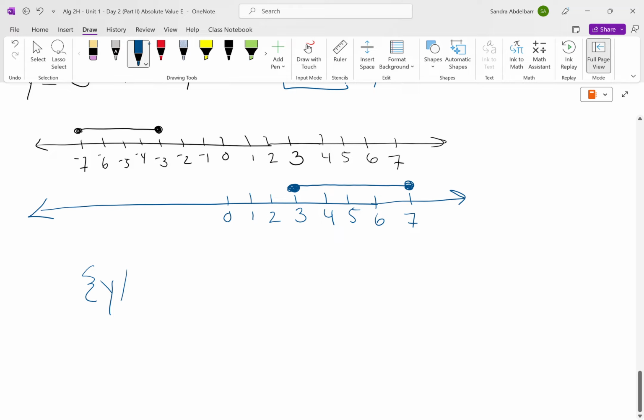So we're going to set up our final solution set. We're going to say y such that, and we're going to write down the two inequalities. -7 is less than or equal to y, which is less than or equal to -3. We could use the word or. 3 is less than or equal to y, which is less than or equal to 7.